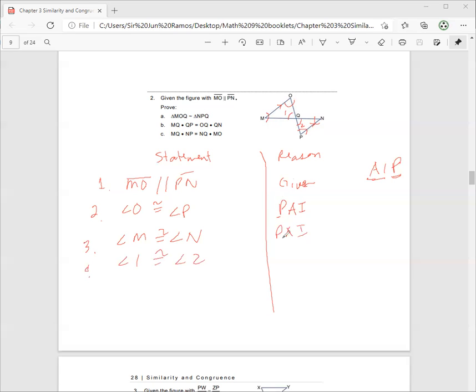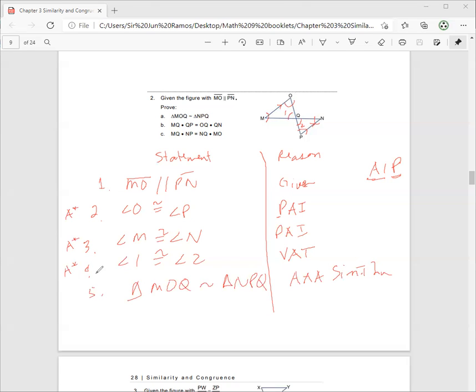You know that angle 1 is congruent to angle 2 because of what? Vertical angle theorem. And then here I have an angle, and another angle. I can now say that, look at the correspondence there, triangle MOQ is similar to triangle NPQ by AAA similarity theorem.